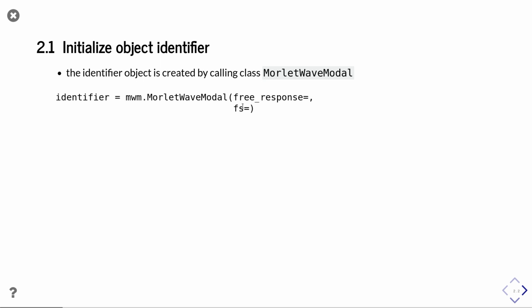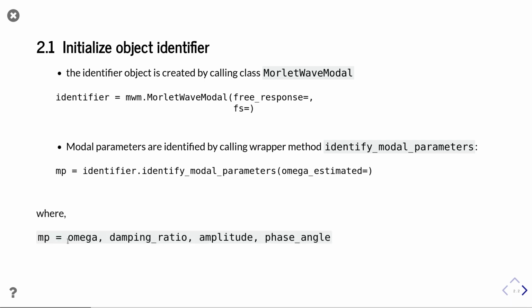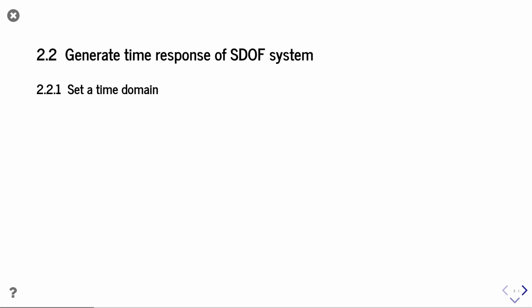The free response and its sampling rate are set. Modal parameters are identified by calling the wrapper method identify modal parameters, which requires the initial natural frequency. The method returns modal parameters in the following order.